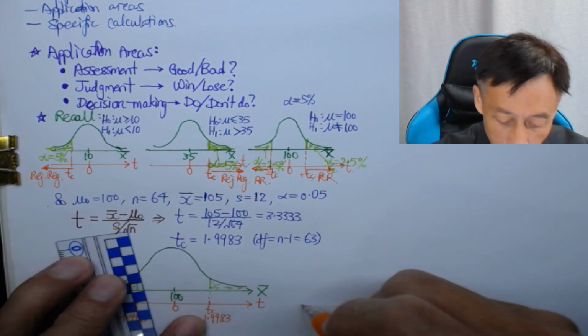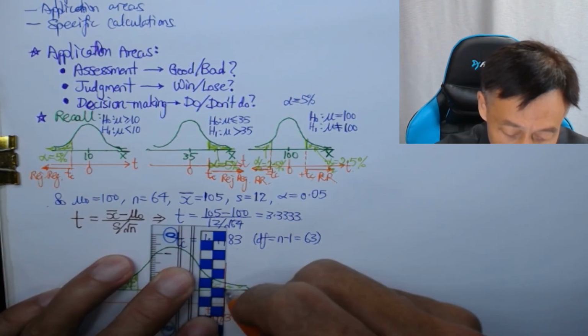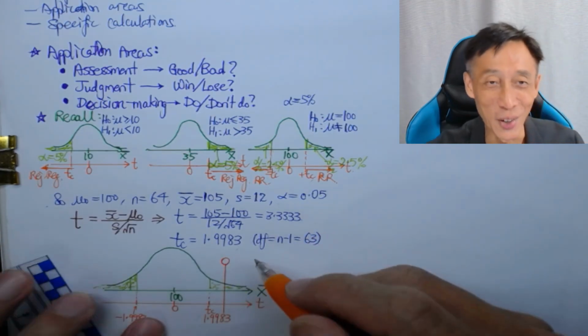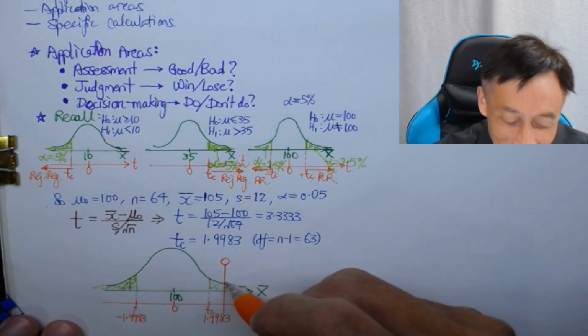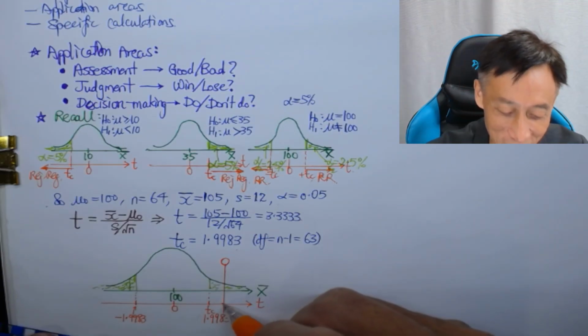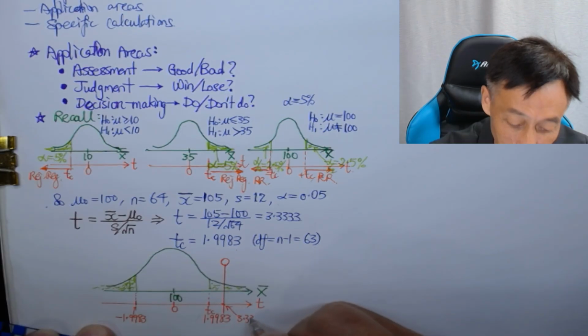Obviously, I've got to draw way to the right, but I'd run out of space, so I'm just going to put it here. It's like a Google pin on the Google map, right? Yes, it's on the map, but my map is a one-dimensional line. So it is this point that is marking the 3.3333, t equals this.